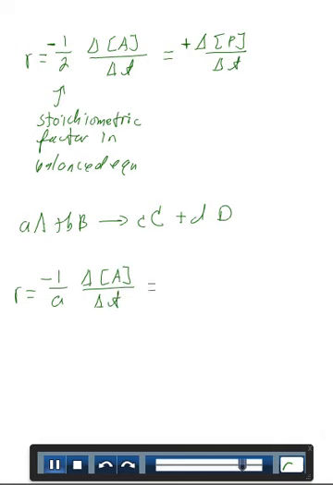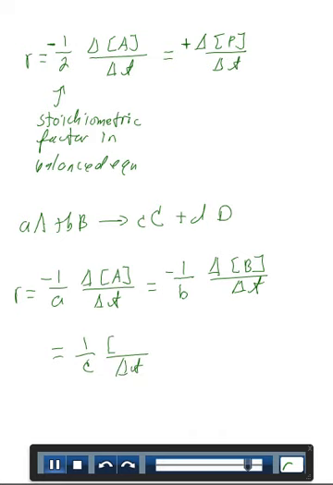That's going to be equal to -1 over little b times the change in the concentration of reactant B over that time interval, which will be equal to 1 over little c, and this is positive, so I won't write the positive, times the concentration change of C over that time interval.